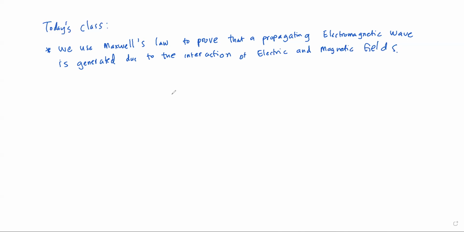In today's class, we are going to discuss the simplest form of electromagnetic waves, called uniform plane waves. We are going to use them to identify some parameters of electromagnetic waves, such as the propagating speed, the impedance of the medium to the propagation of the wave, and so on.